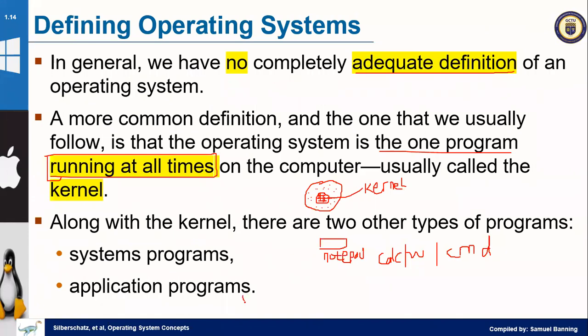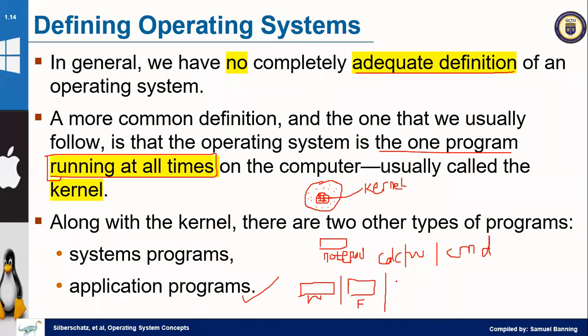Then we have the application programs. These are programs that are specially designed to solve specific problems, like WhatsApp. WhatsApp is an application program. It is designed to help in communication. We also have something like Facebook. Facebook is also an application program. It is designed to help people connect on social media.